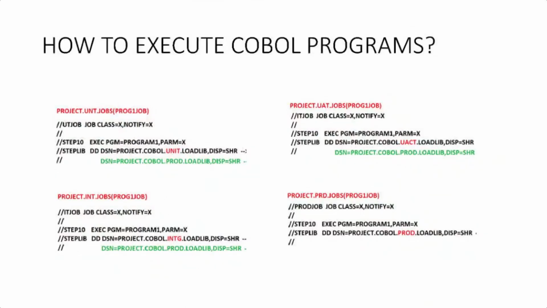I told you that unit jobs point to the unit Endeavor stages. How will it be? We just give the step library sequence as unit first, and then production. Why production? I will explain it later. Coming to integration, we will give integration in the step library, and for UAT, we will give the step library sequence as UAT first. Production is production itself.